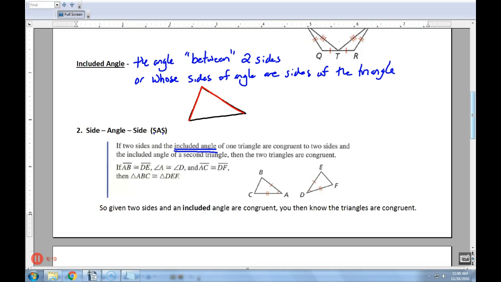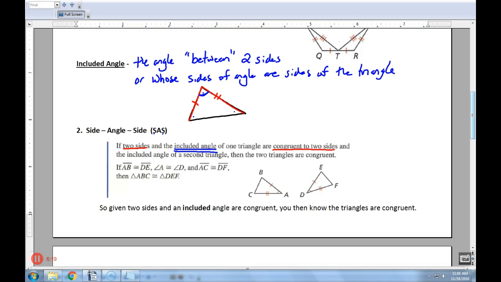Somehow I'm doing my proof and I can figure out that these 2 sides are congruent to another triangle, because that's how the proof sets out. It says if 2 sides are congruent to 2 sides. So let's say I have that. Well, the included angle, there's 3 angles in this triangle. The included angle is the angle that touches or shares those 2 sides.